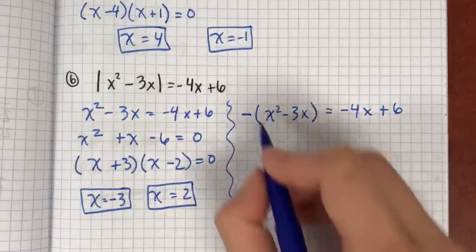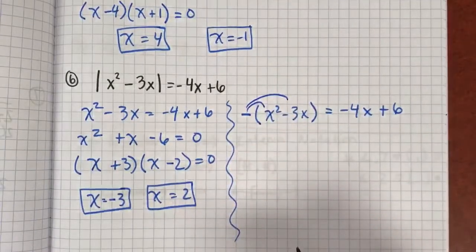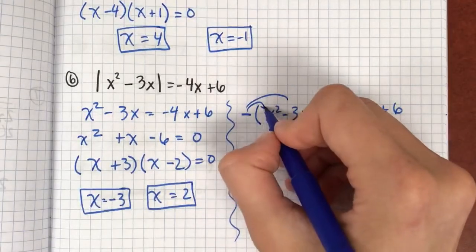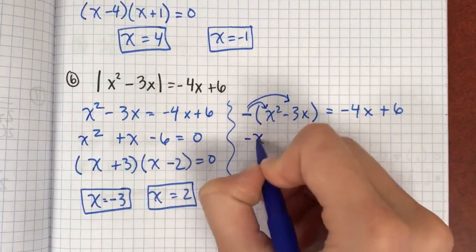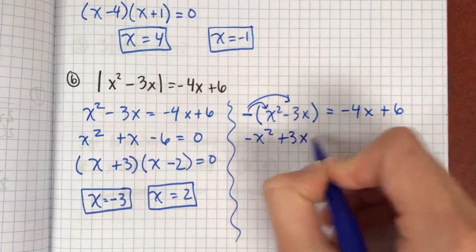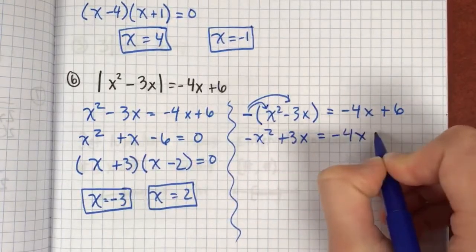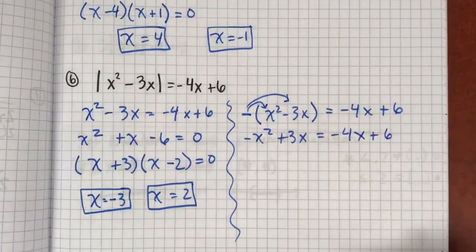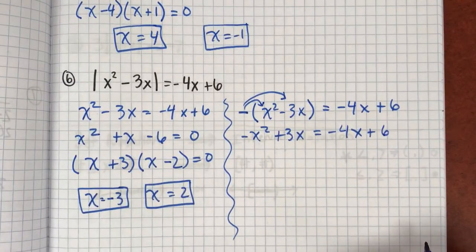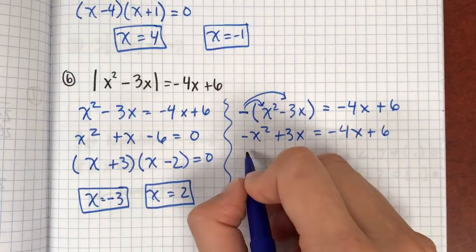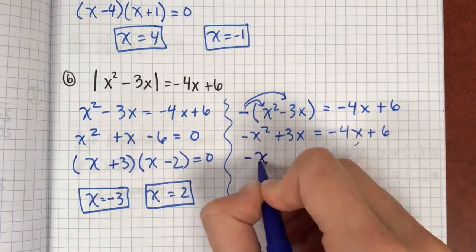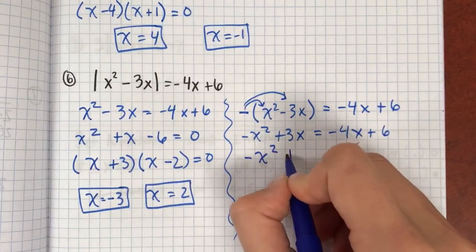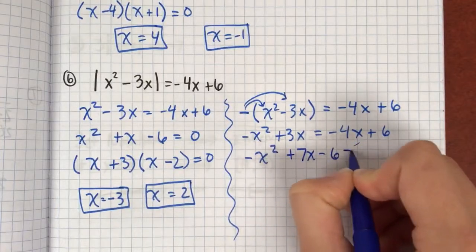All right, now on this side we're going to distribute that negative. So I've got negative x squared plus 3x, and it equals the same. So if we move all of this stuff over, we've got negative x squared plus 7x minus 6 equals 0.